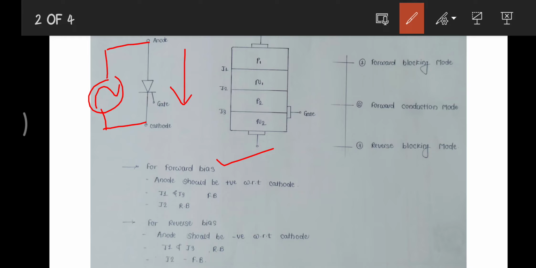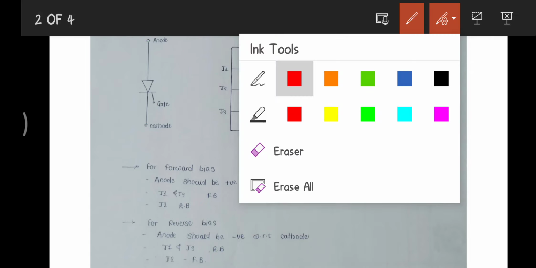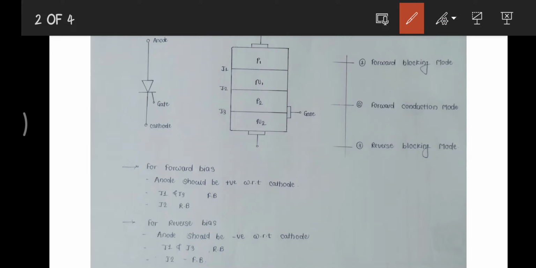At that instant, junction J1 and junction J3 are forward biased, and junction J2 is reverse biased, when the anode is positive with respect to the cathode. Now we will see what happens when the anode is negative with respect to the cathode.